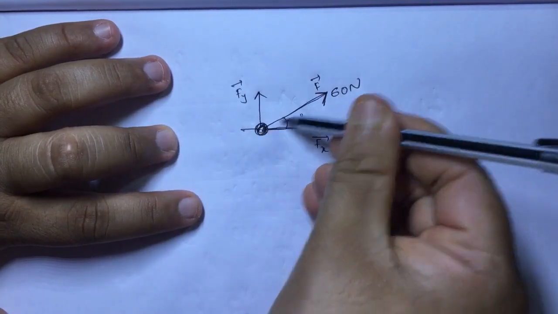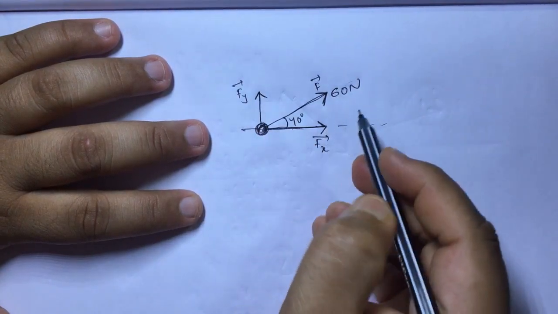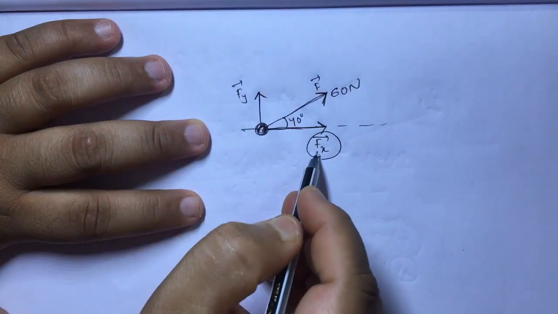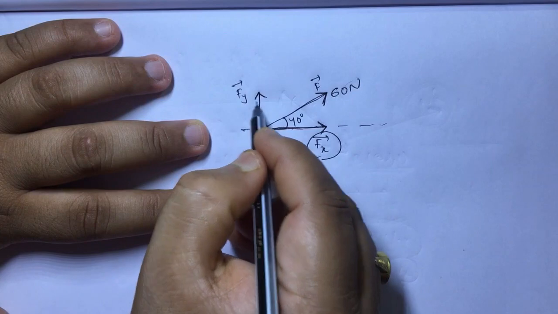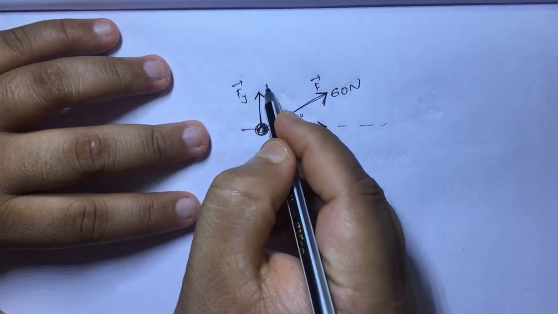If you are pulling it like this, then the force will have two components. Due to this component, the stone will move towards this direction, and due to this component, the stone will try to move in the upward direction.